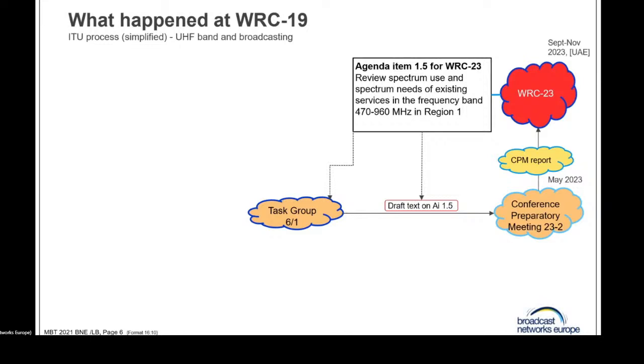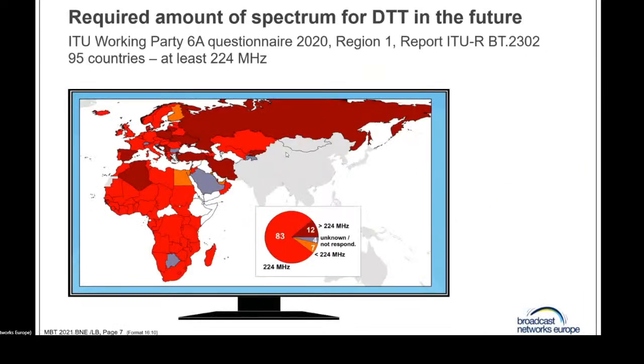These are the results of our review of the spectrum use and spectrum needs of existing services. So this is the kind of important chain of events. One of the interesting things that came out in the report that was actually submitted to 6/1 just recently is a questionnaire that was shared to all the Region 1 administrations.